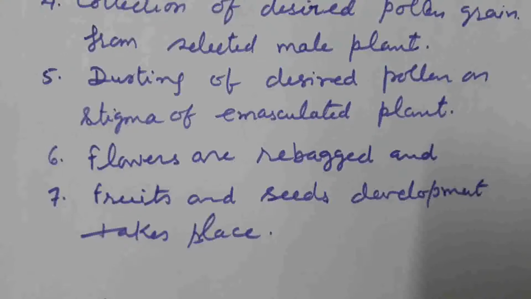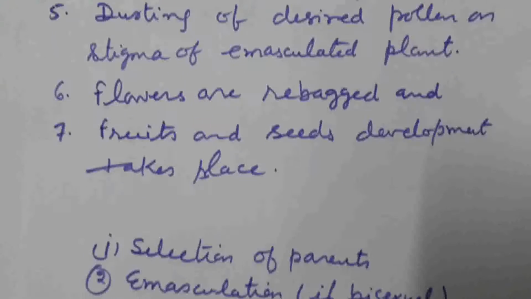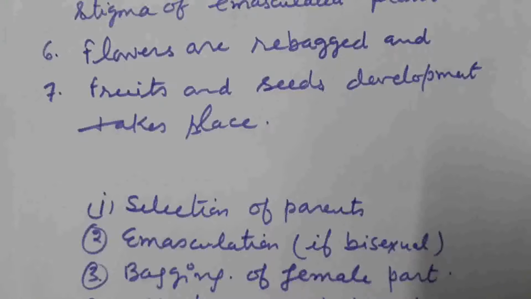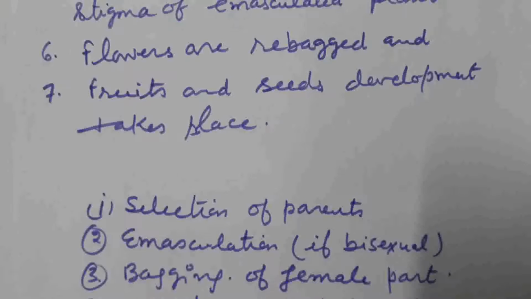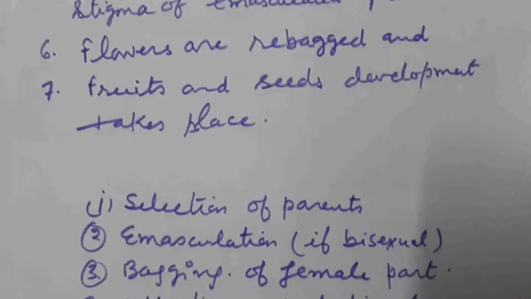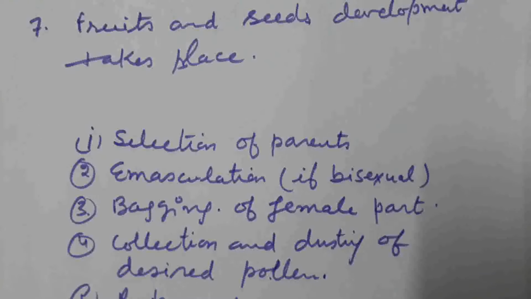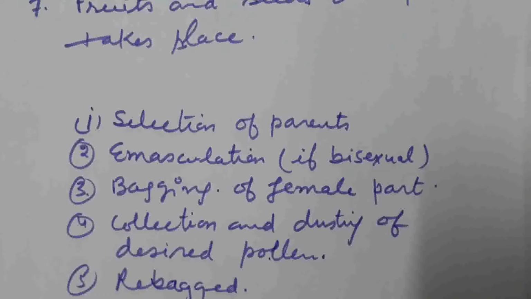Let us do a quick sum up of which steps we used in the artificial hybridization process. First, we select the parent plants. Second, we do emasculation. Emasculation is needed if the female flower is bisexual. Then the third step, bagging of the female part of the flower to avoid contamination from undesired pollen grains.